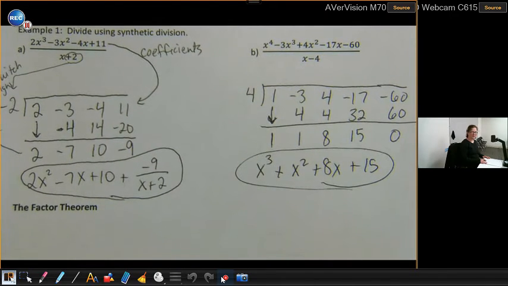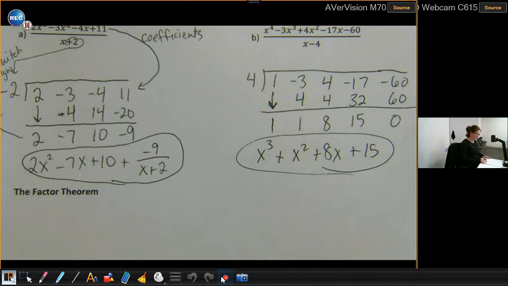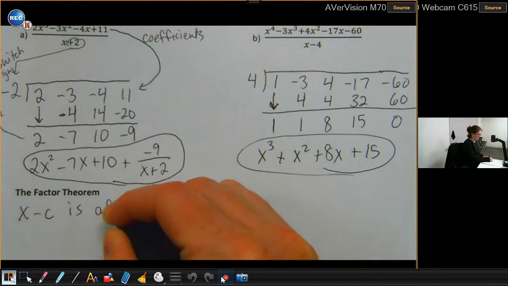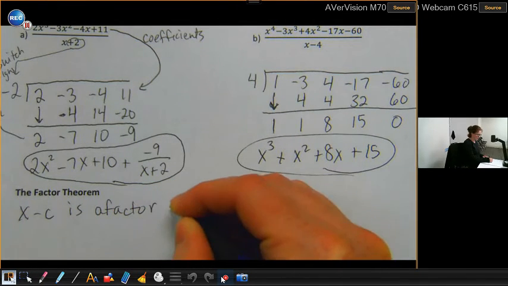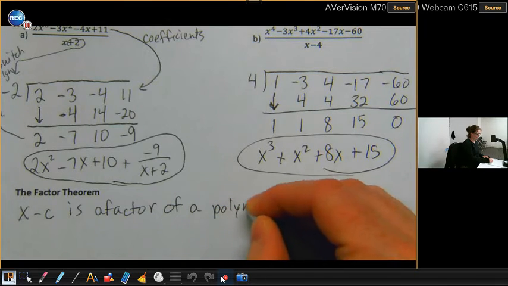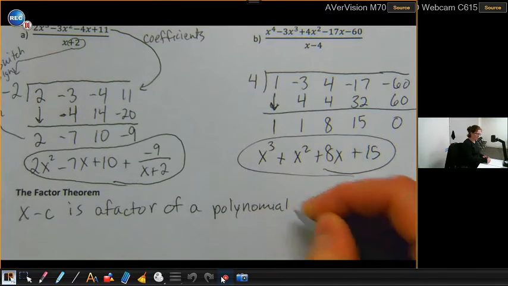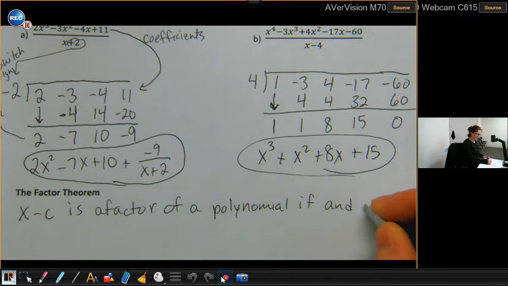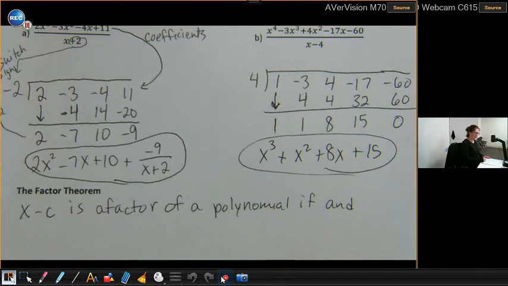In this section, we also talk about the factor theorem. And that says that x minus c is a factor of a polynomial if and only if there is no remainder.